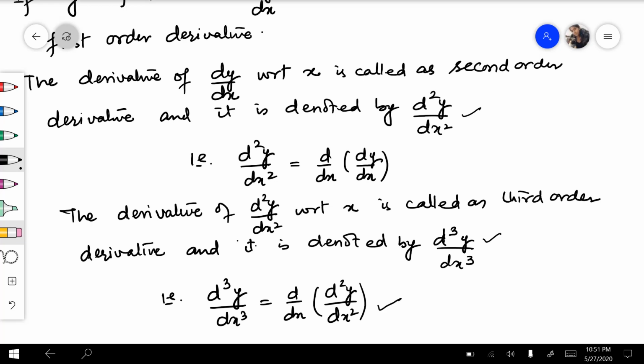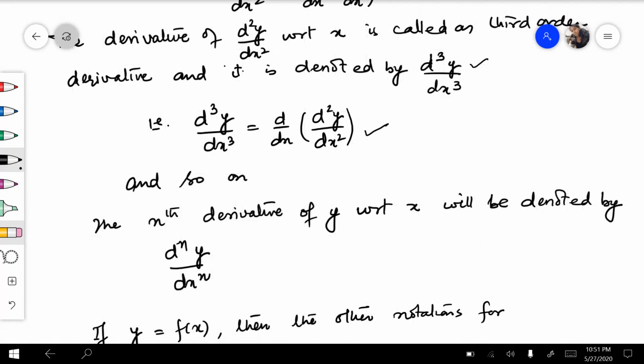And if we continue the same process till the nth derivative, the nth derivative of y will be denoted by dny upon dx raised to power n.